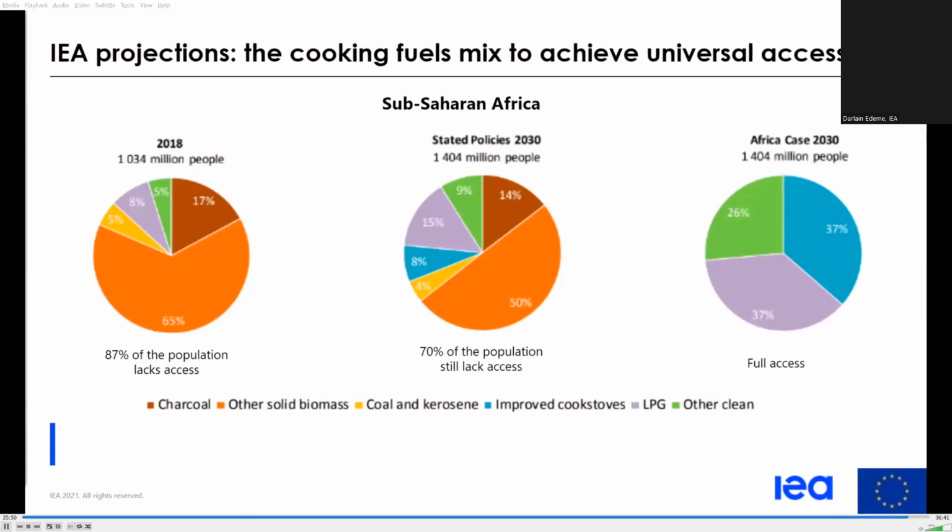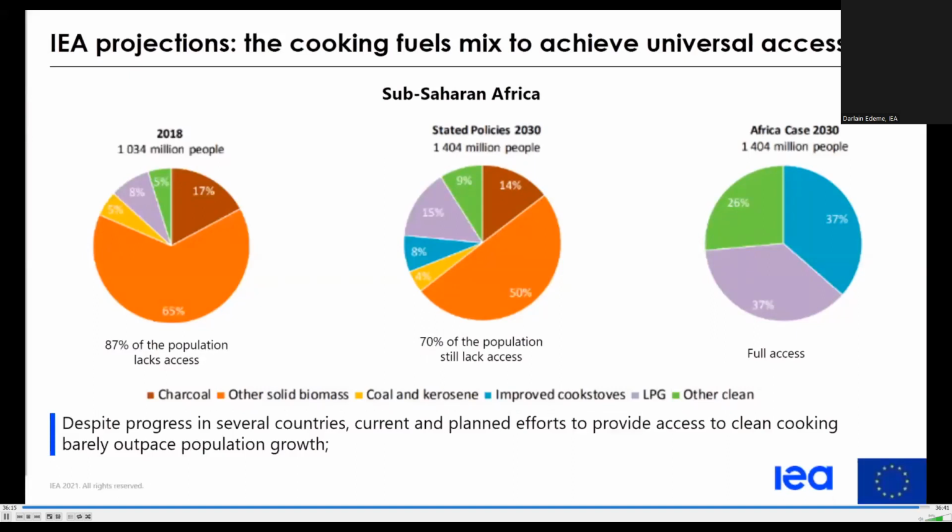In rural areas, home to the majority of those without access, improved cook stoves are by far the preferred solution, dramatically improving the efficiency of bioenergy use. Electrification, biogas, ethanol, and other solutions also play important roles, with their uptake depending on local context.